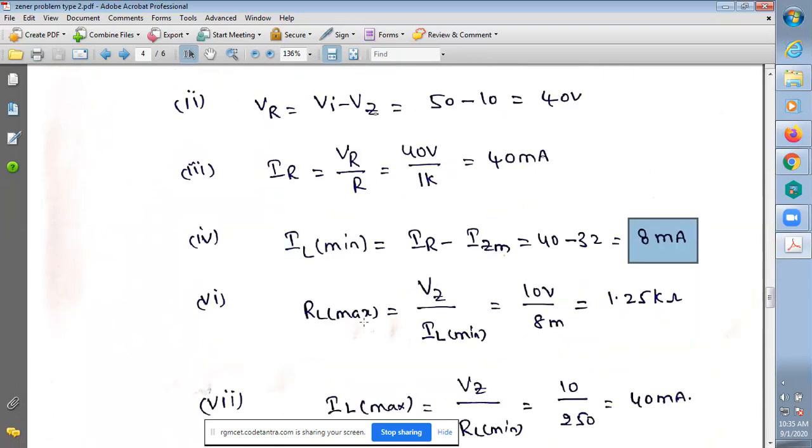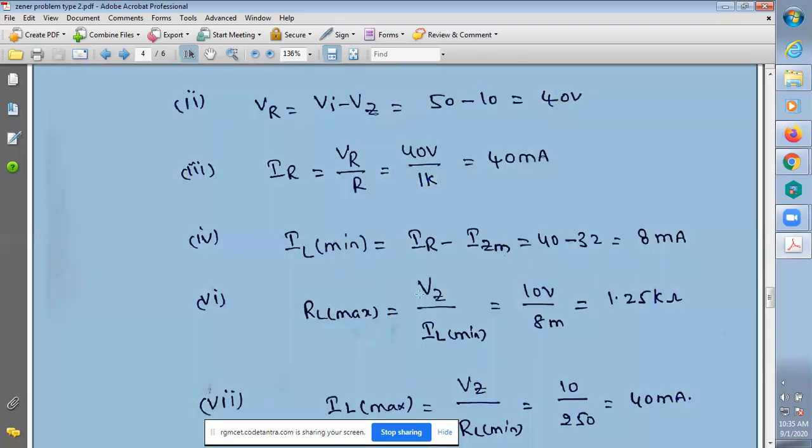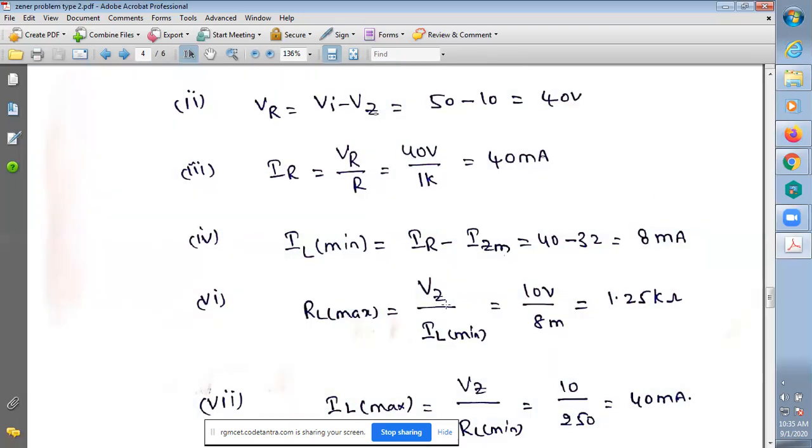Once you know the minimum load current, then the maximum load resistance RL maximum is equal to VZ or VL by IL minimum, 10 volts by 8 milliamperes, that is equal to 1.25 kilo ohm. So this is the maximum load resistor value.